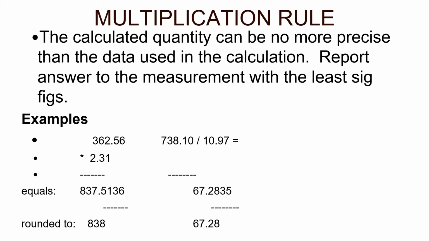The component of this equation that has the least amount of significant figures is the 10.97. Because this number only has 4 significant figures, your answer can also only have 4 significant figures. And while your calculator may reflect the value of 67.2835, you have to round this value to 4 significant figures, or 67.28.